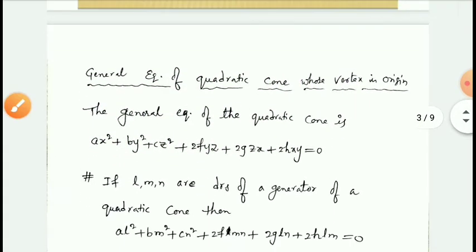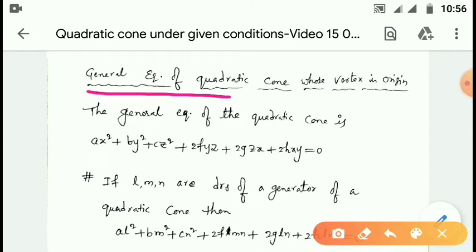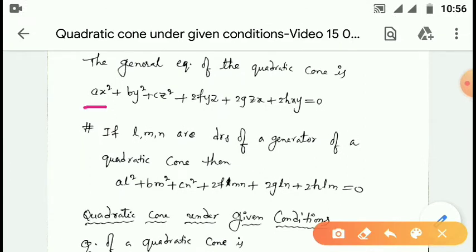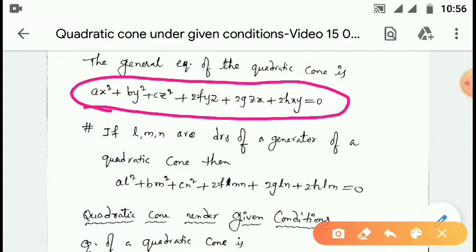Then how can you find the general equation of a quadratic cone whose vertex is the origin? A second degree homogeneous equation represents a quadratic cone with vertex at the origin. A second degree non-homogeneous equation gives a cone with vertex other than the origin.